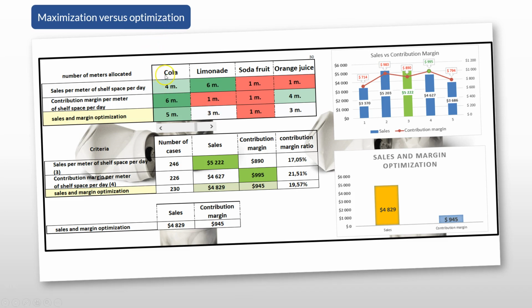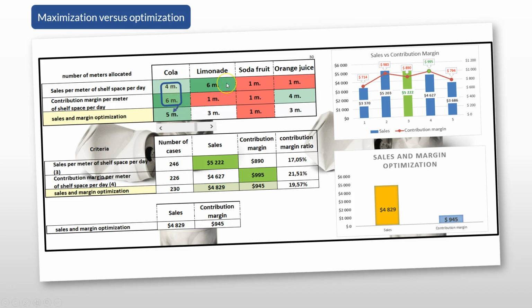If we look at, for instance, the first drink, cola, we see that cola allows us to get the maximum sales when you allocate it 4 meters, and if you allocate cola 6 meters, you would get the maximum contribution margin. So I made a trade-off, and I thought, let's give cola 5 meters only. We know that in so doing, we wouldn't get the maximum sales, we wouldn't get the maximum contribution margin, but we would find a middle way, okay?